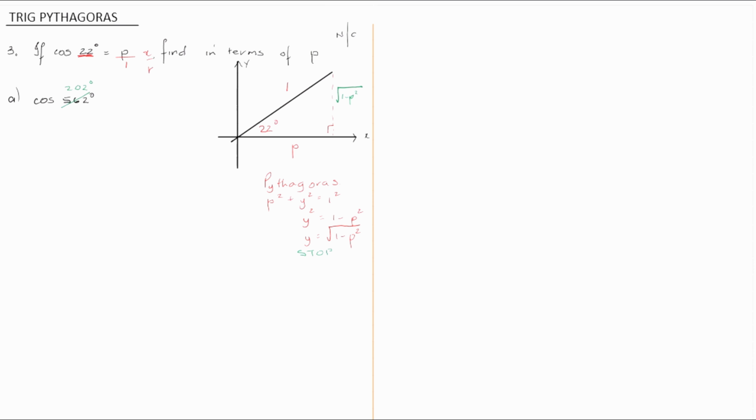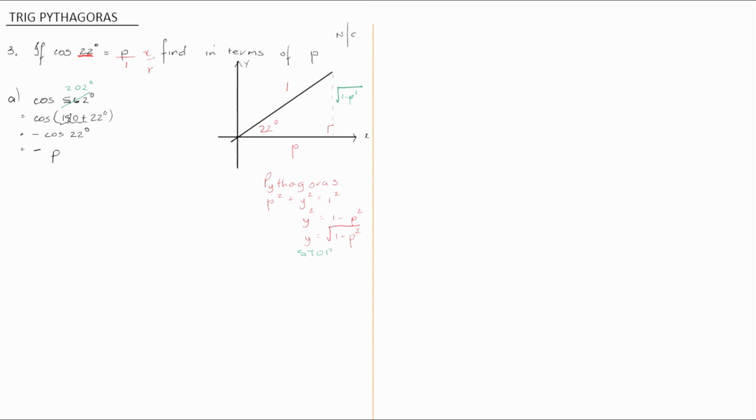And then cos of 202 is cos in the third quadrant. So you use the third quadrant formula and you will get 180 plus 22. Then cos in the third quadrant picks up a negative. And we are now down to our acute angle. And cos of 22 is adjacent on hypotenuse, which is p, and carry the negative down. So the answer is negative p. Nice and easy.